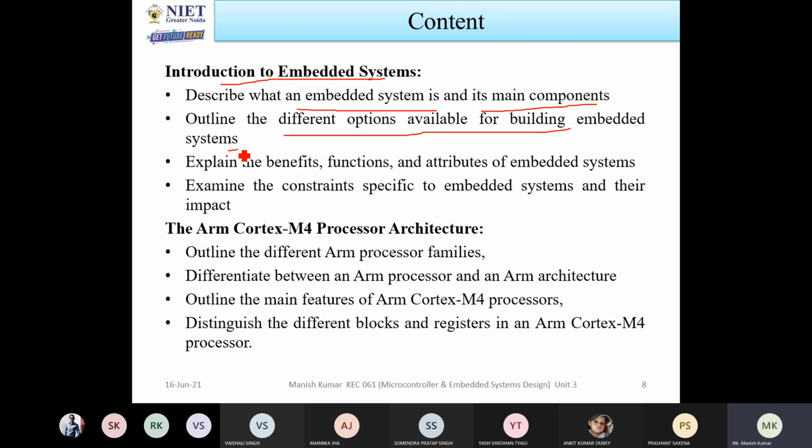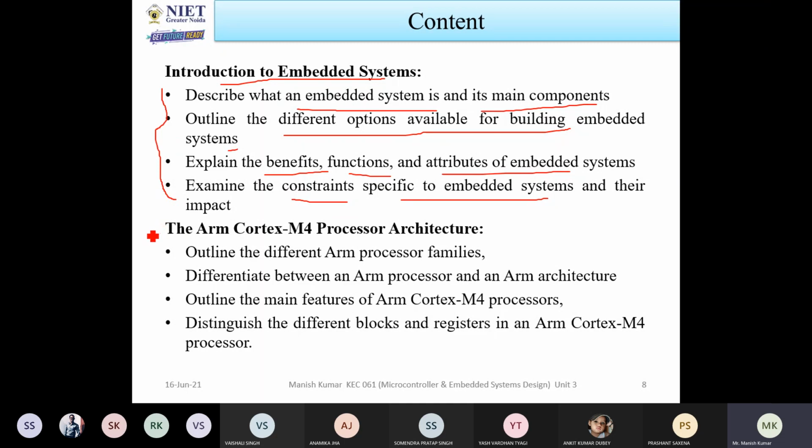You will see what types of ways are available, and also we will talk about the benefits, functions, and attributes of embedded systems. And lastly, I will discuss the constraints specific to embedded systems and their impact. What constraints are affecting more and which constraints are affecting less. So I have to study these things in the first half of this unit.